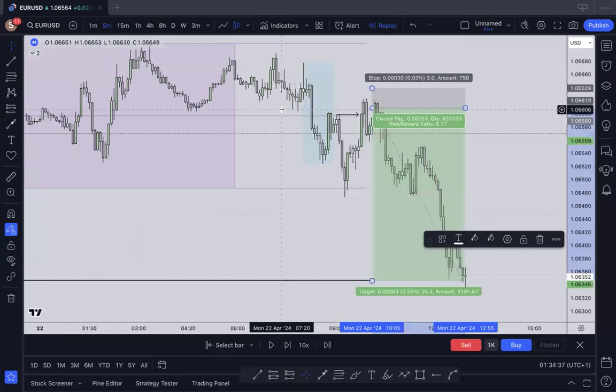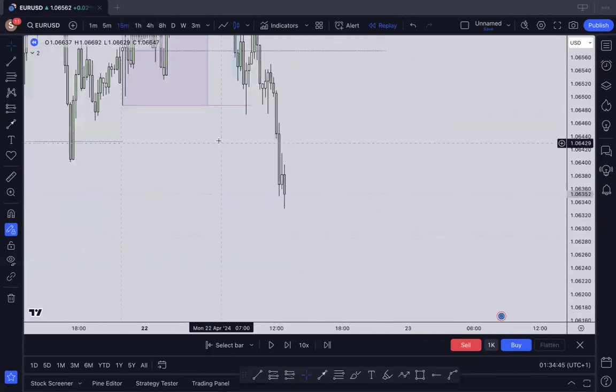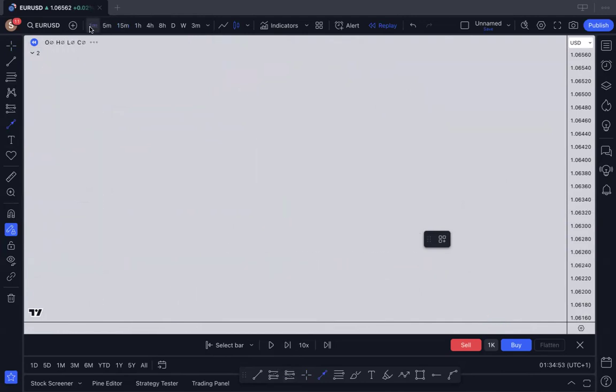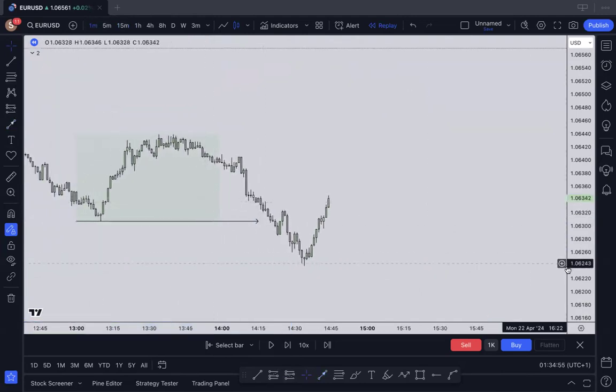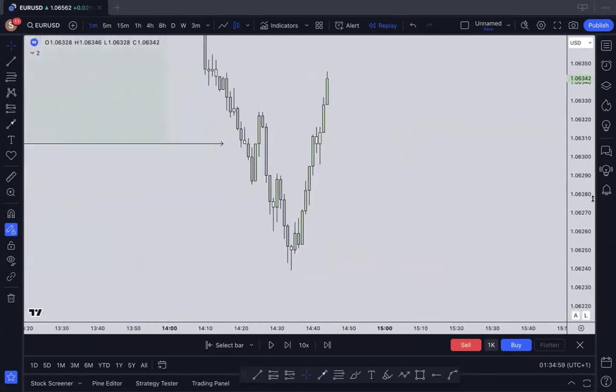Okay, so now if we have a look at another example, the price here, we come and take out this liquidity candle here. Okay. We then go down a time frame to the 1 minute.